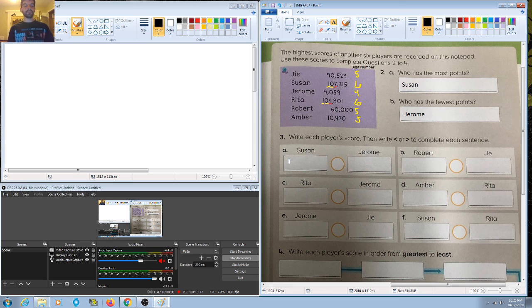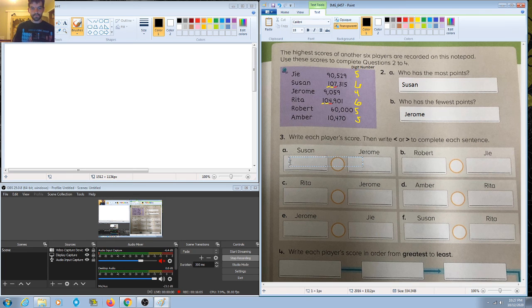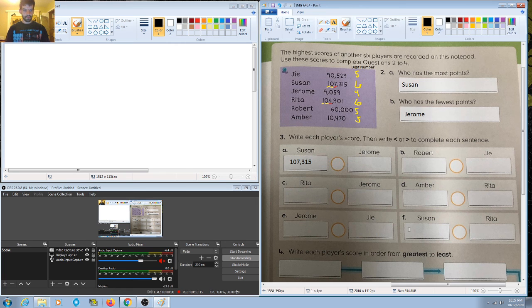That way they're directly next to each other, and we can just use the inequality symbol instead of having to refer to the notepad, which, as this section highlights, isn't even lined up, so it's not doing us too many favors in trying to compare place values. So Susan scored 107,315. There's another Susan down here.